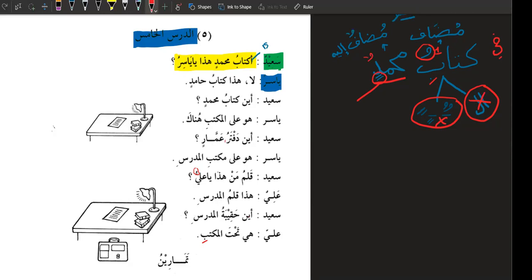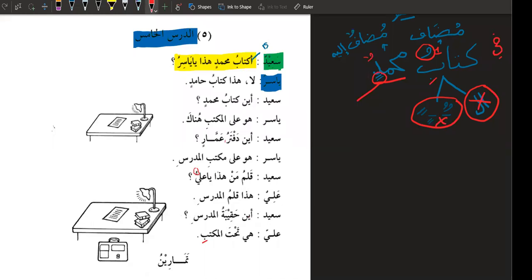Or if the mudafun ilayh has one dhamma, then it becomes one kasra. So kitabu Muhammadin: the mudafun ilayh doesn't have alif and lam, and it never has tanween. It has one dhamma or one kasra, or it can have one fatha. And the simple rule for the person that owns the thing is that he takes a kasra. So if his name has two dhammas, then he takes two kasras.